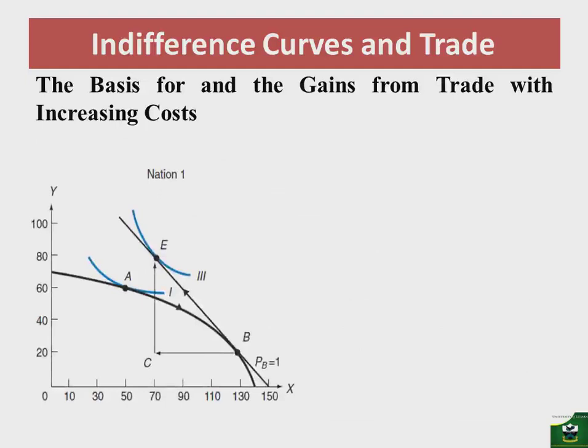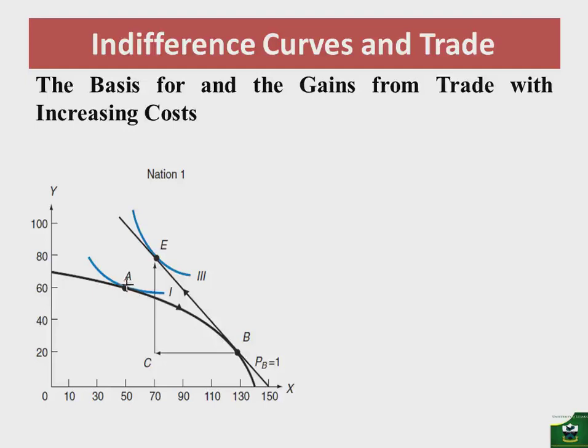Let's assume that nation 1 is in autarky at point A. Given this point A, we see that the slope of this indifference curve at point A as well as the PPF is 1/4, which we computed in our previous session.